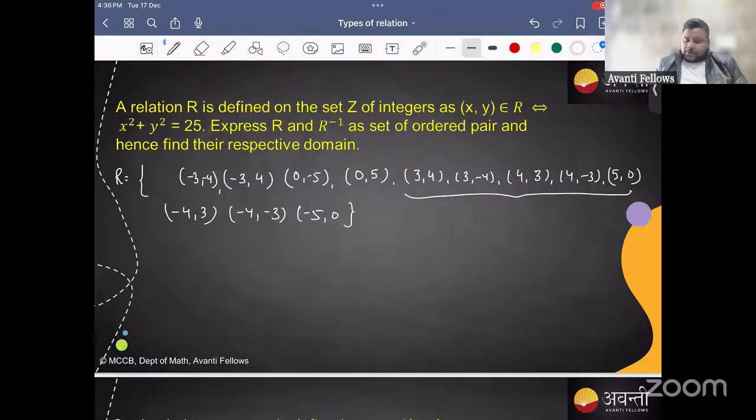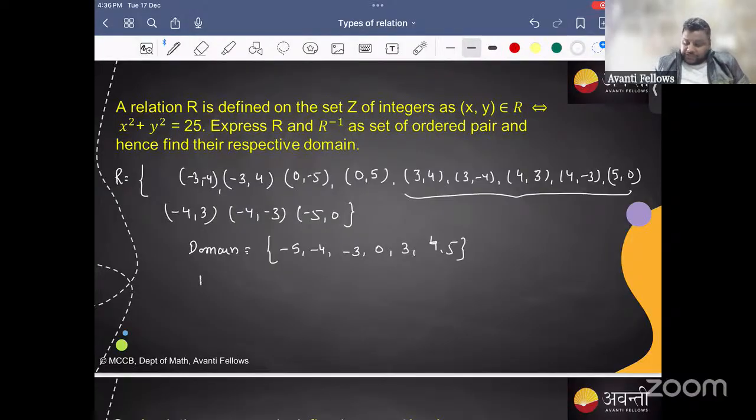Am I clear? Now, what is the domain? Domain is the collection of first entries. So it is -5, -4, -3, 0, 3, 4, and 5.